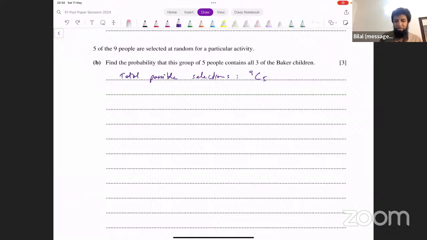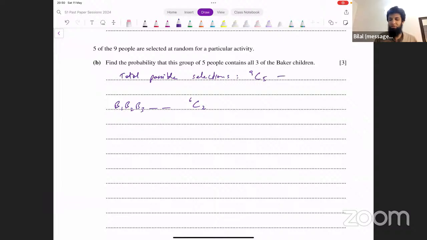Now, there are 5 people that we need to select. If the Baker children have to be there, that means B1, B2, B3, they're already selected. We have only 2 places left for the rest of the people. How many people are we left with? We have 6 people left. Out of those 6 remaining people, we need to select 2. Okay? So these are the possible outcomes where you have the Baker children selected.